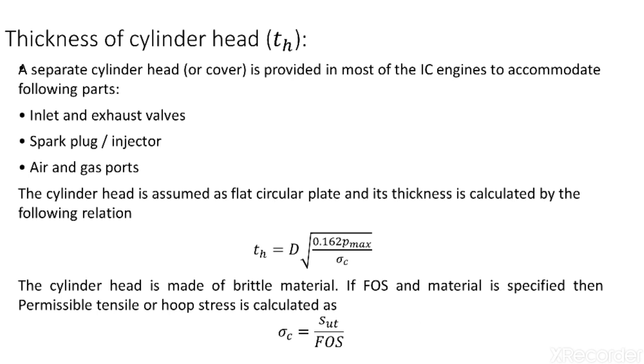The cylinder head is made of better material. If FOS and material is specified, then permissible tensile or hoop stress is calculated as sigma_c equal to ultimate strength S_UT divided by FOS.